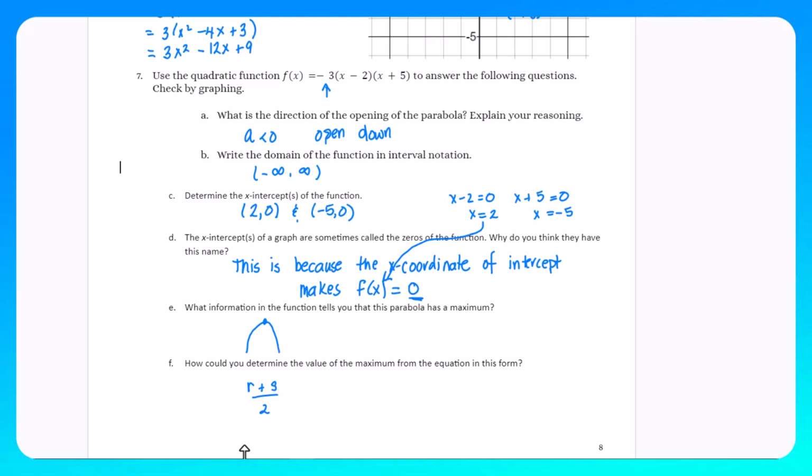In this case, our r value, we said was, well, let's look at it up here. Our value is 2, but our s value is -5 because this has to be written as minus 5. So if the r value equals 2, the s value equals -5, the midpoint is the average of those two, and that gives us -3/2, or as a decimal, -1.5.